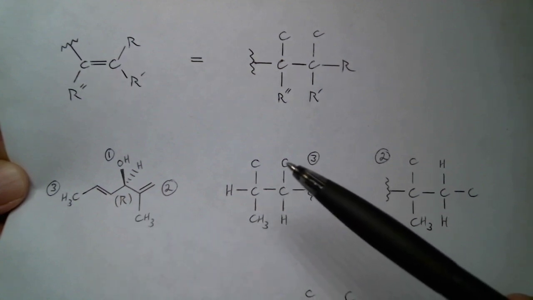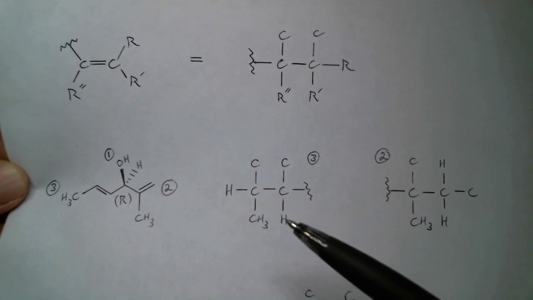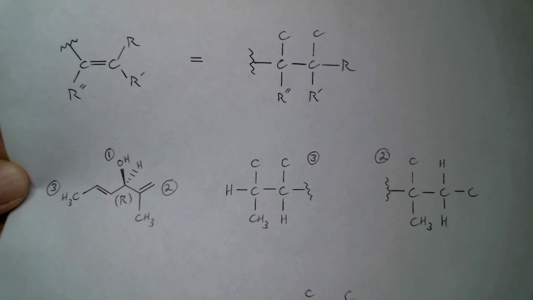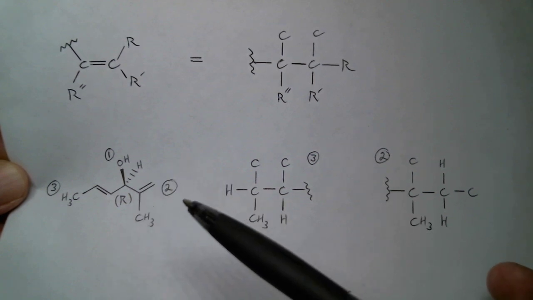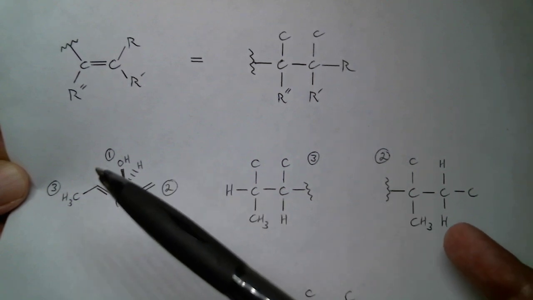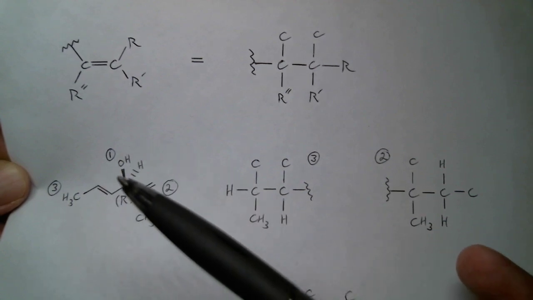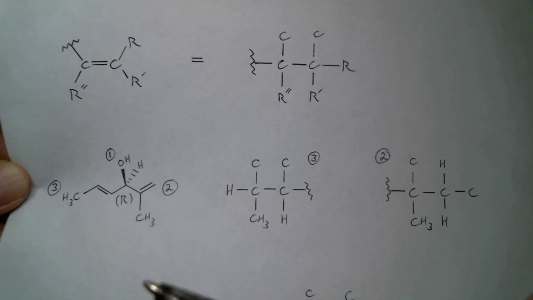So obviously two carbons and a hydrogen is lower priority than three carbons. So that's why this arm got second priority and this arm got third priority. And then if we connect 1 to 2 to 3, we're going in a clockwise motion. So this is an R stereocenter.